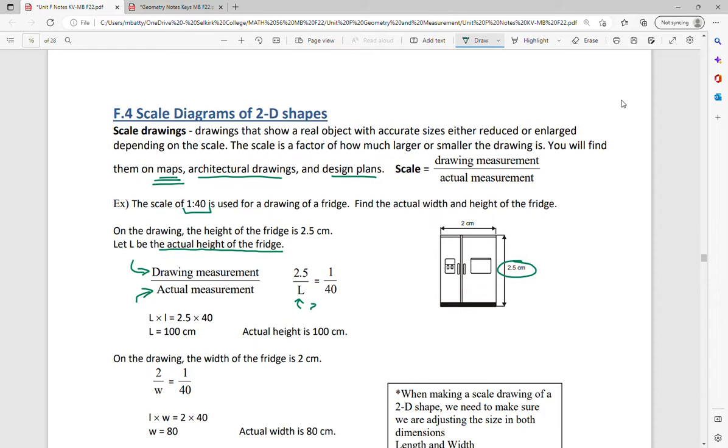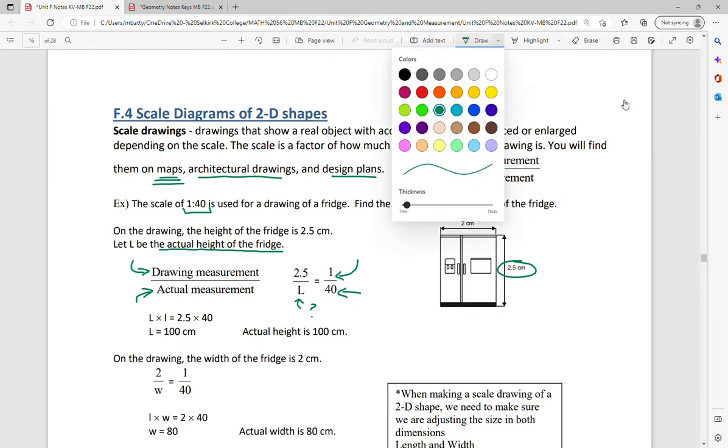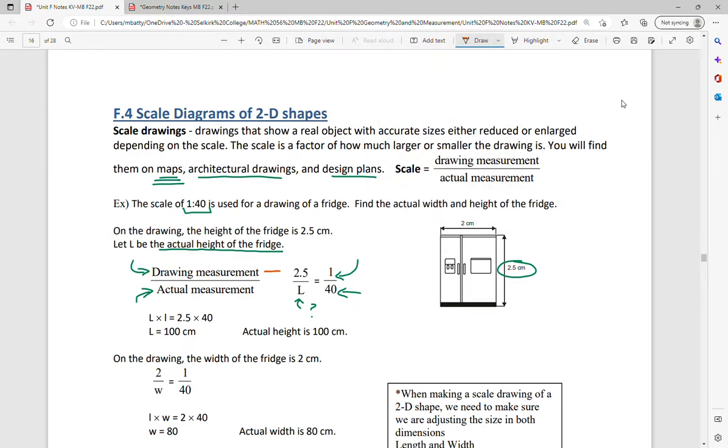This is our question mark. That's what we're trying to solve. And then this is my whole number ratio. This is my scale. So 1 in the drawing would be 40 in real life. And so they're all sorted across like this so that the drawing measurements are always on the top and the real life stuff is actually on the bottom.